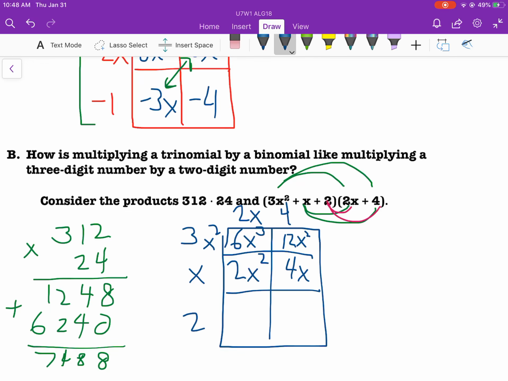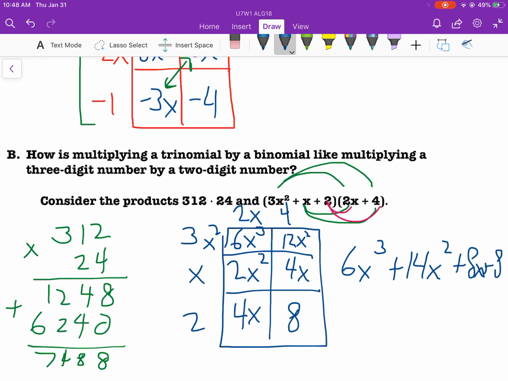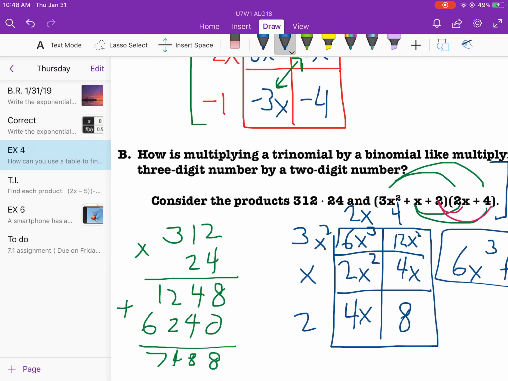And by doing that, it gives you a way visually to look at it, and then just write it going diagonally, combining terms, and it's a little more visually pleasing than all these arrows right here.